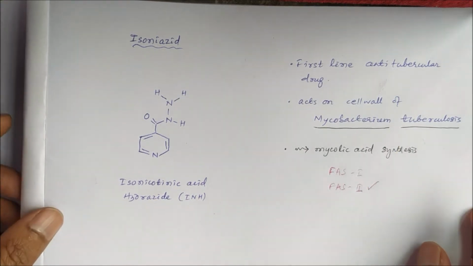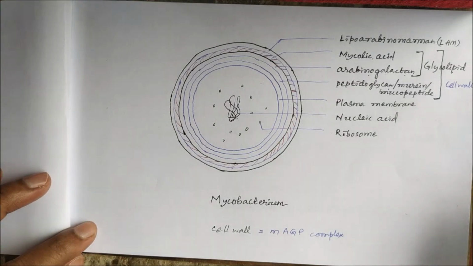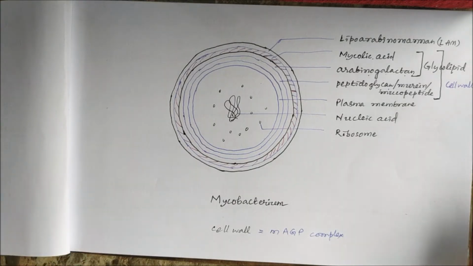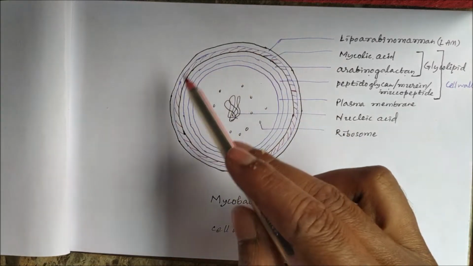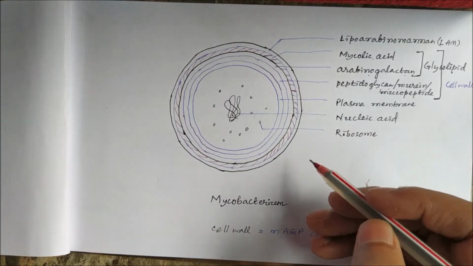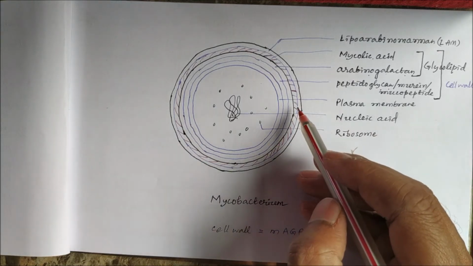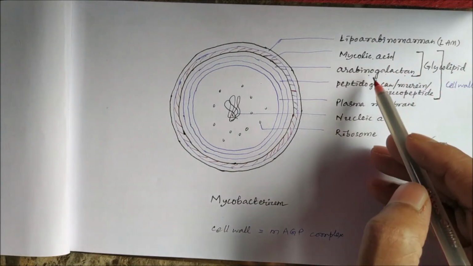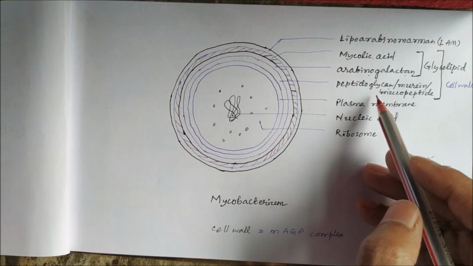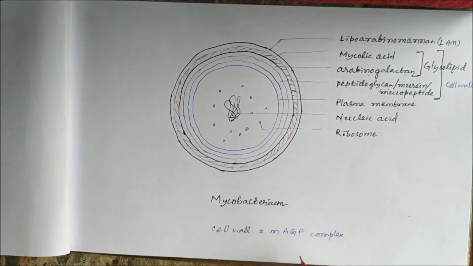How it occurs, let us discuss the structure of the mycobacterium cell wall. This is a mycobacterial cell where the cell wall consists of mycolic acid, arabinogalactan and mucopeptide or peptidoglycan, and we call it the MAGP complex.